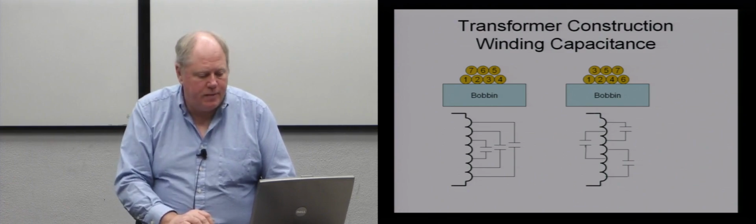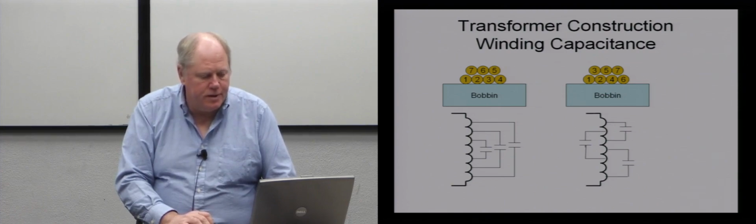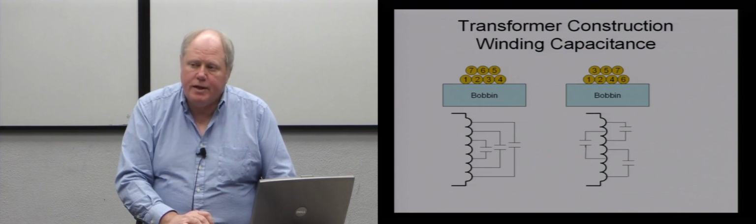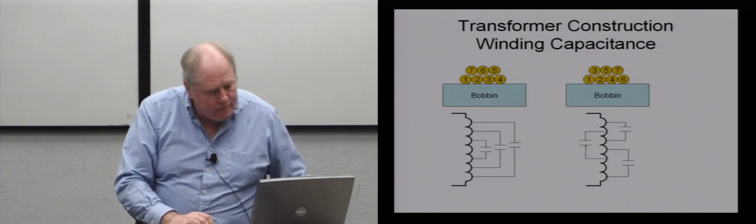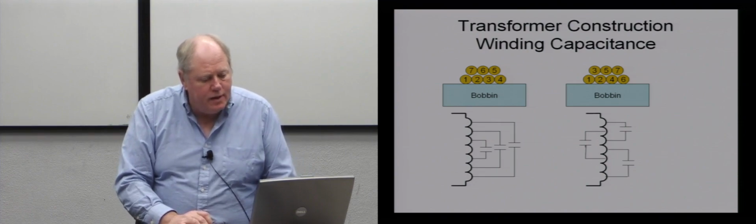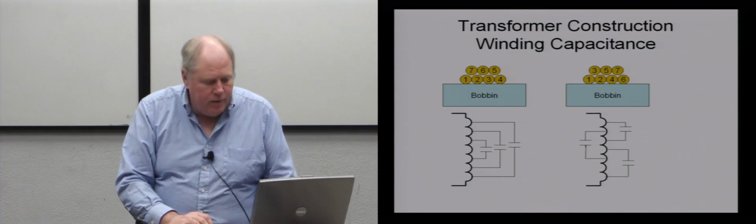So they're going to have a capacitance because they're parallel to each other for some distance. But you're applying a large voltage across that capacitance. So the capacitance may not be that great, but a large voltage across the capacitance means there's going to be a lot of current flowing in that capacitance.